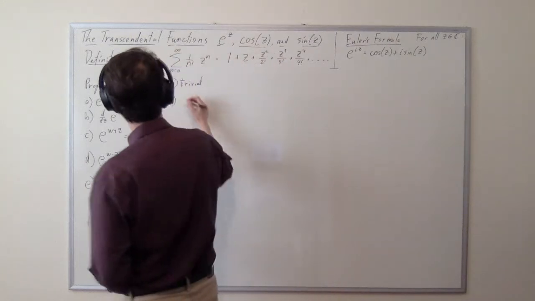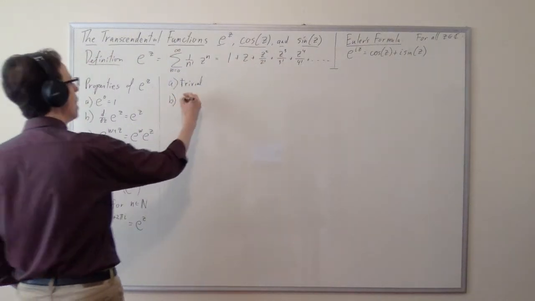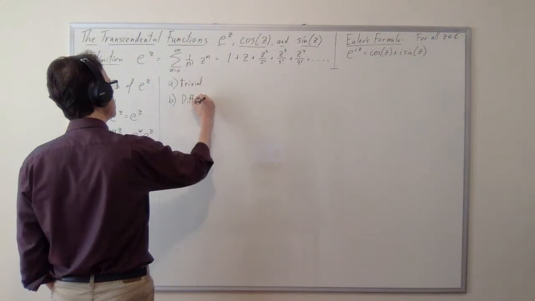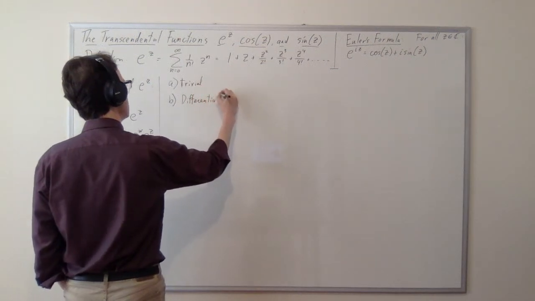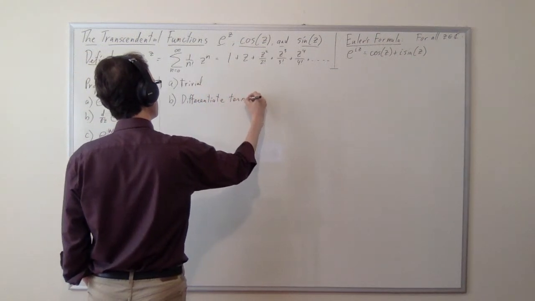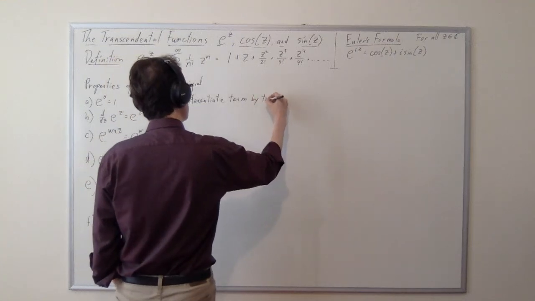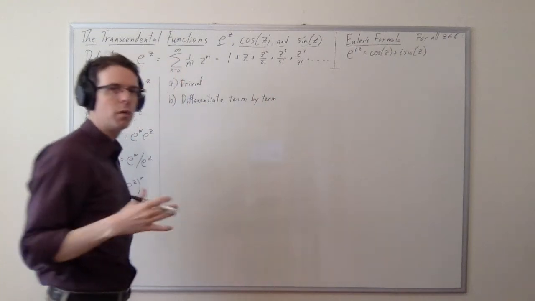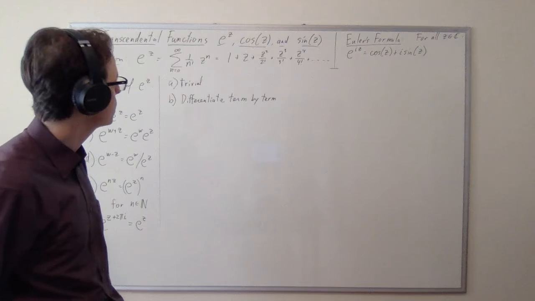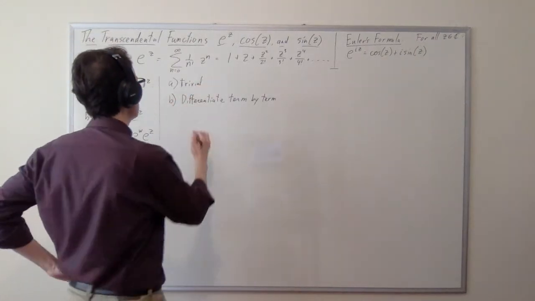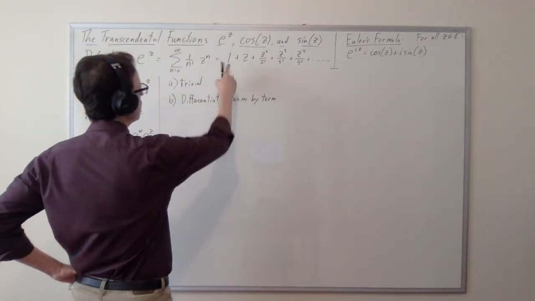So B is almost as easy as that. To do B, we just have to differentiate term by term. Now, we've already established that differentiation term by term is a valid way to calculate the derivative of a power series. And so when we do that here, we get the derivative of this thing.